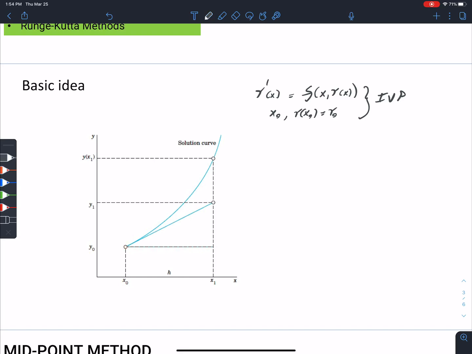So let's write what we did in the past, right? We were looking for the Taylor series expansion, so we'll write Taylor series. For y at x naught plus h, that will be equal to y at x naught, which is given, plus h y prime of x naught plus h squared over 2 y double prime of x naught plus higher order terms.